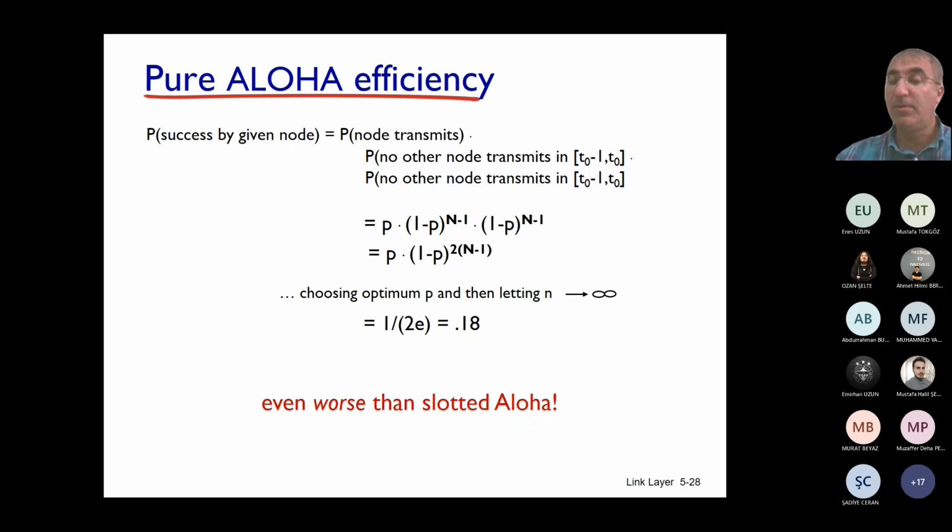The efficiency is about 18%, almost half of slotted Aloha, because the probability of collision increases. But there's an advantage: it's much simpler, with no synchronization. So it's simpler, but performance-wise it's worse than slotted Aloha.